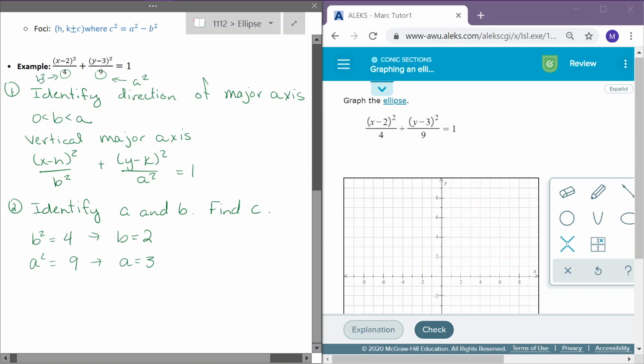So, next, we want to find our center, vertices, co-vertices, and foci.